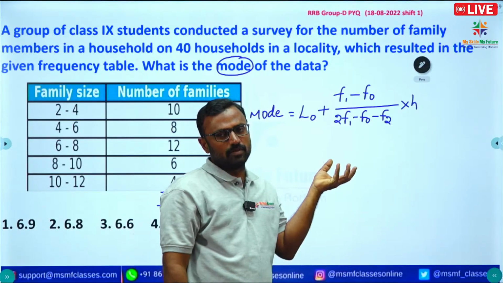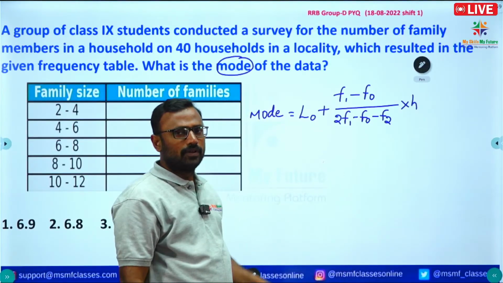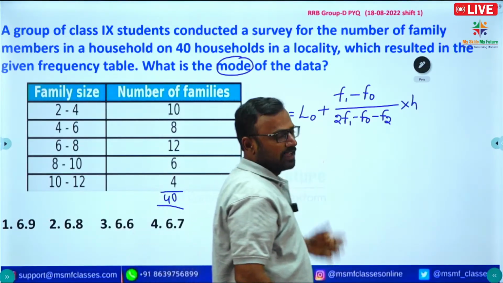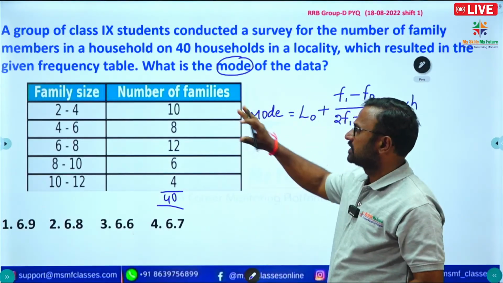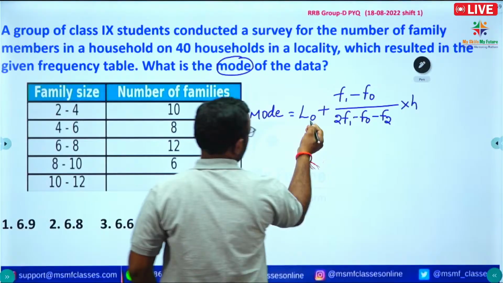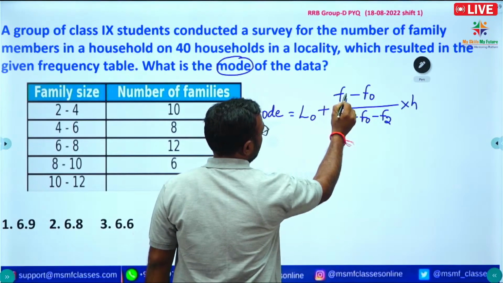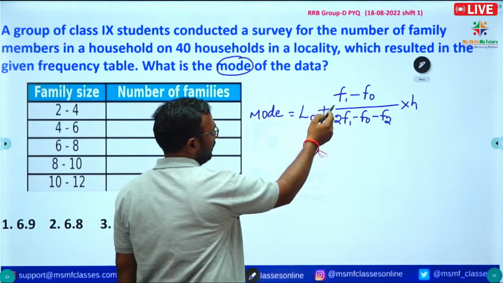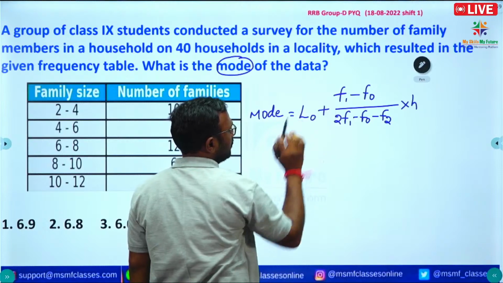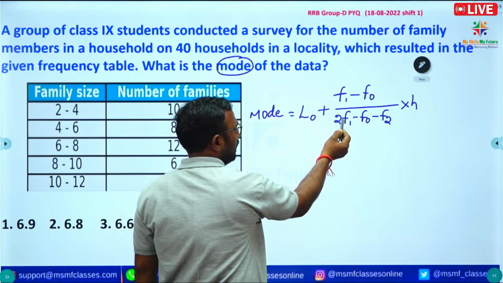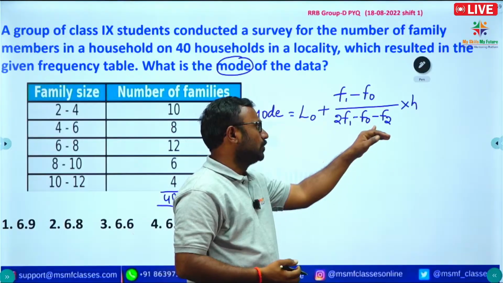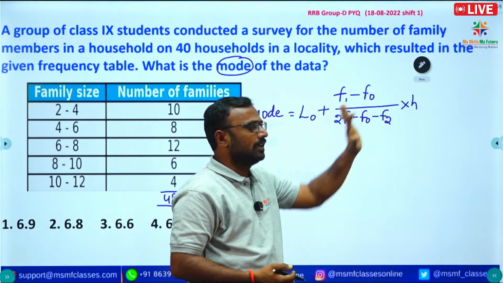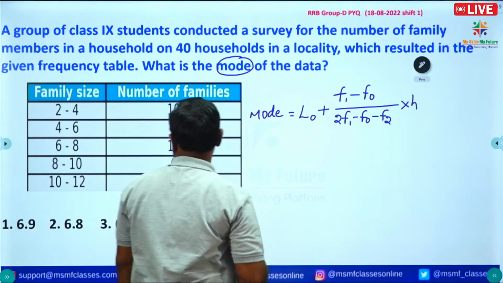So this is the general formula to find the mode of class intervals, the mode of frequency data consisting of class intervals. Okay, right.